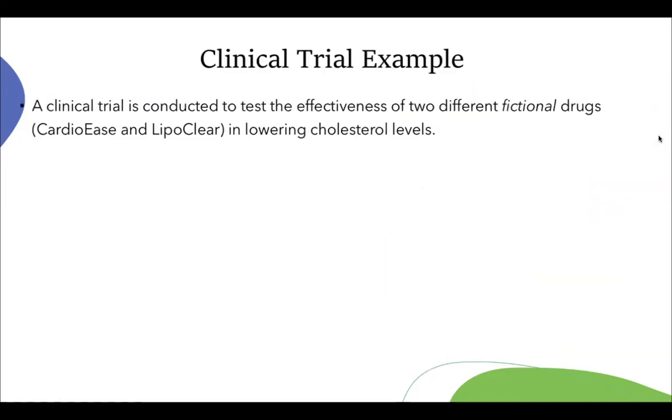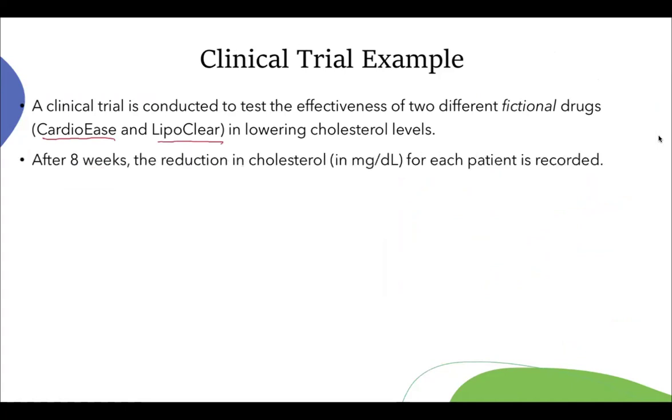Okay. Let's look at a clinical trial example. A clinical trial is conducted to test the effectiveness of two different fictional drugs. These are made up, CardioEase and LipoClear, in lowering cholesterol levels. After 8 weeks, the reduction in cholesterol for each patient is recorded.